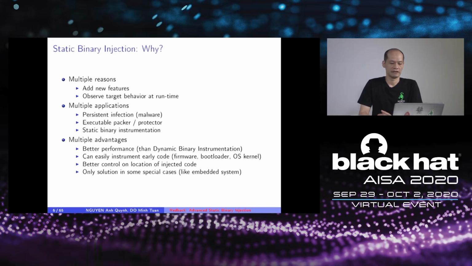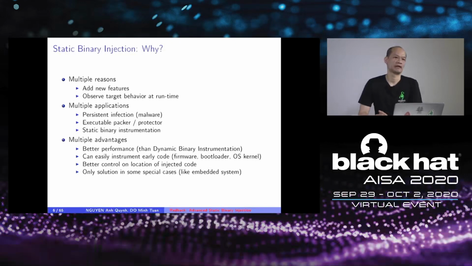First is persistent infection, because this is what all malware wants to do. Executable packers or protectors also need to inject and modify the program. And finally, static binary instrumentation also wants to physically patch the program to inject code into it.